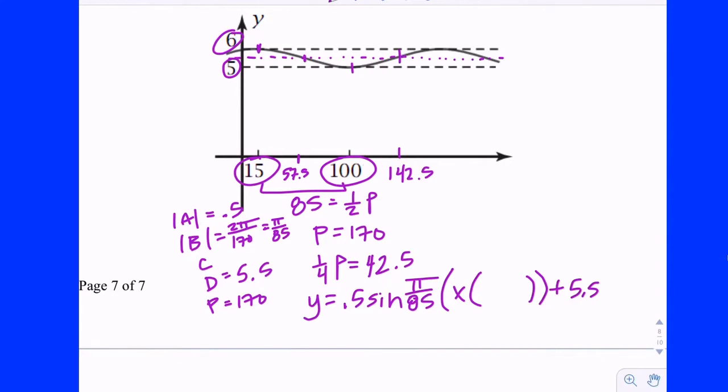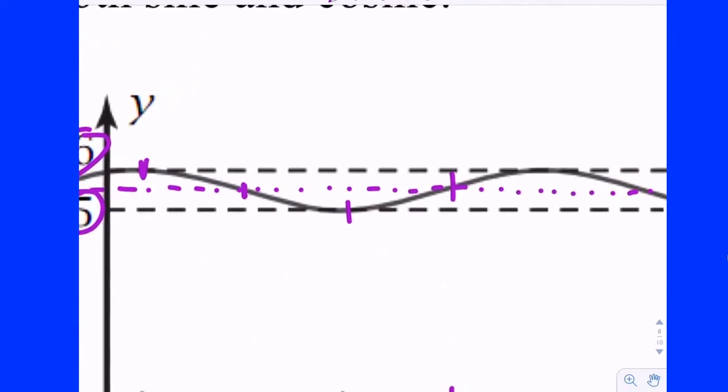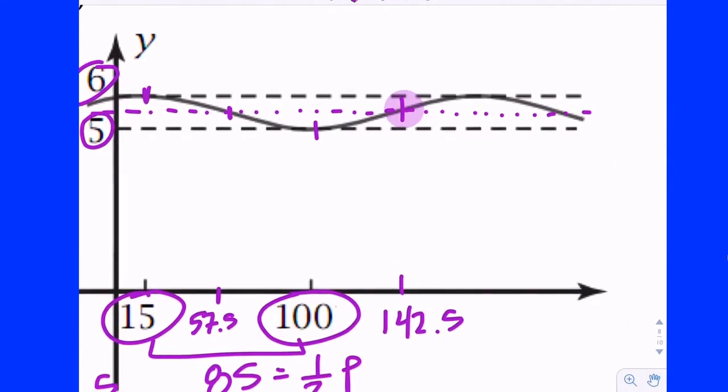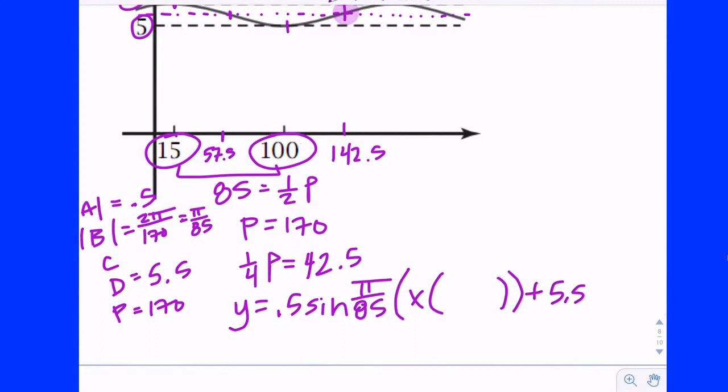Positive sine, it starts where? Axis going up. Yeah, so that's at 142.5. So it'd be minus 142.5.